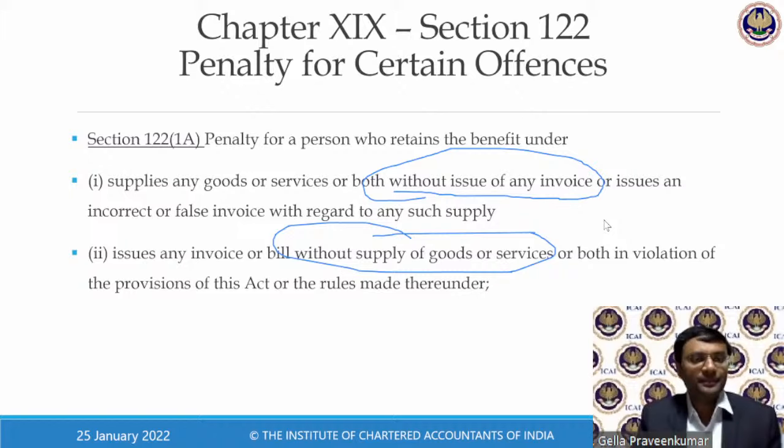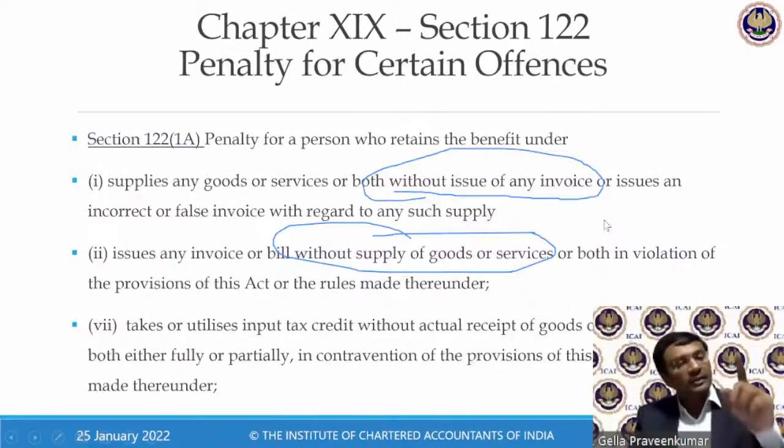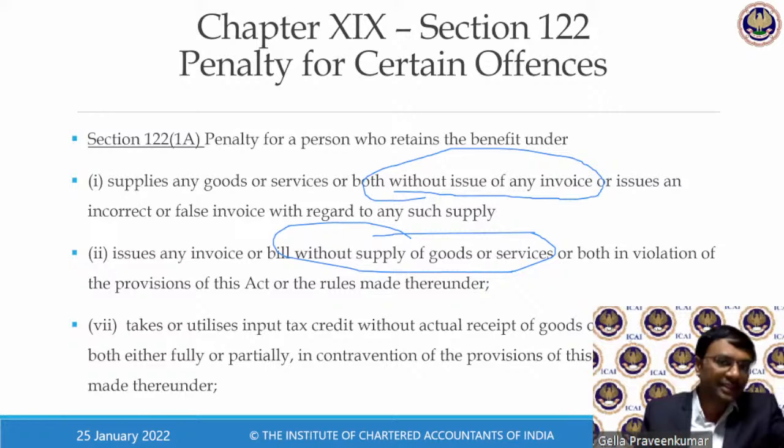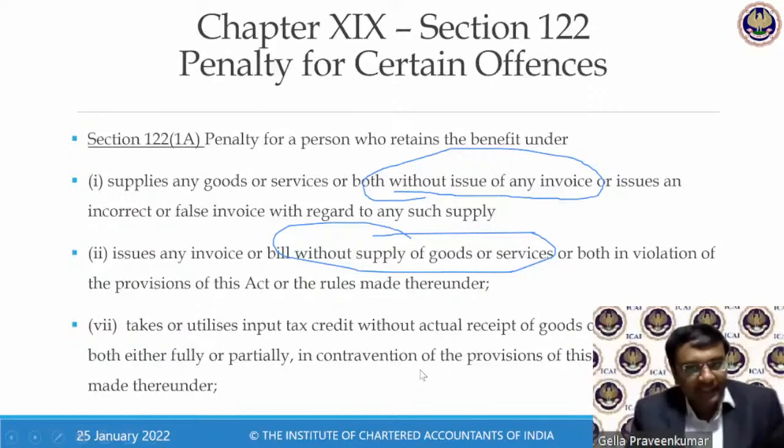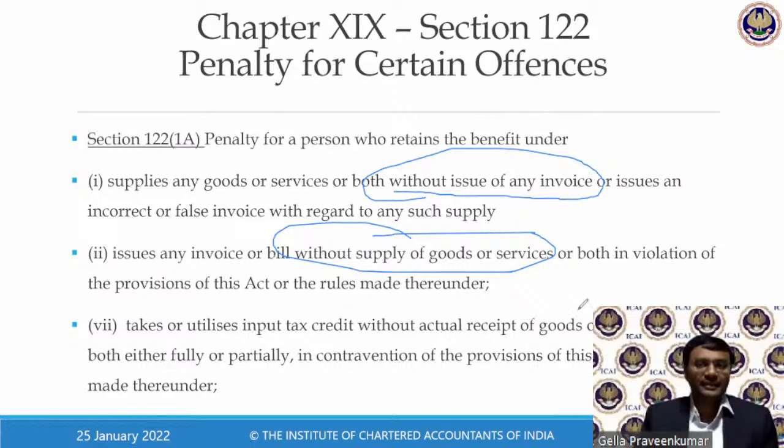Point number 3. Now, when I referred to point number 7, this is taken from section 122, subsection 1: takes or utilizes input tax credit without actual receipt of goods or services, both fully or partially, in contravention of the provisions.